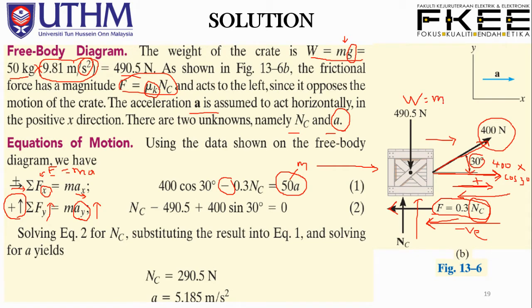Just to recall what we analyzed earlier, the weight of the crate, W equals m g. The mass is 50 kg, and the gravity acceleration value is 9.81. Multiply them and you get the weight of the crate.